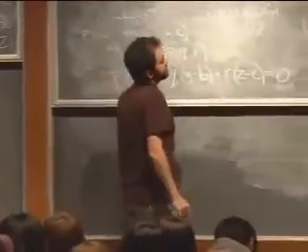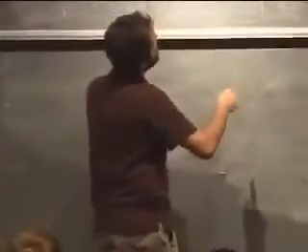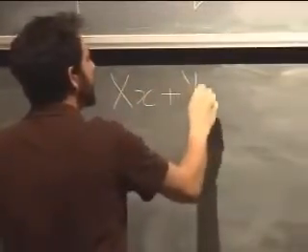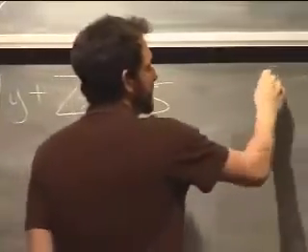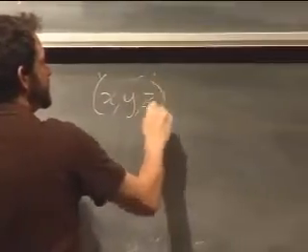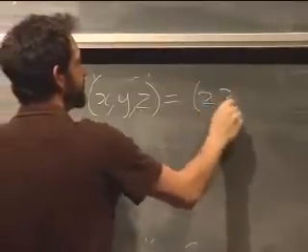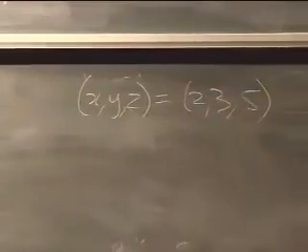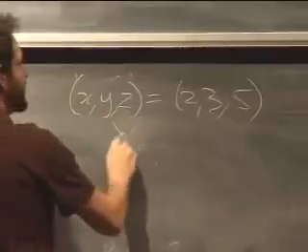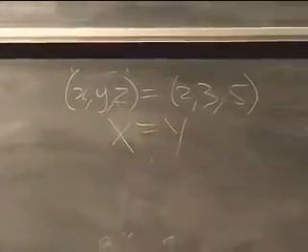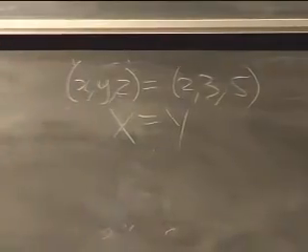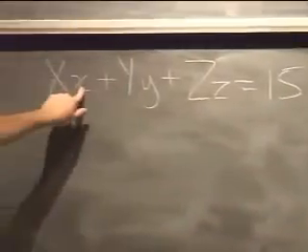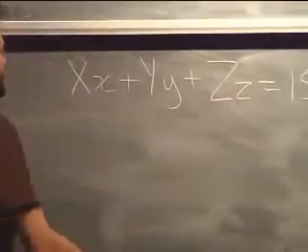So we come back to our equation of the plane, which we saw was Xx plus Yy plus Zz equals 15, and we need (x, y, z) equals (2, 3, 5) to satisfy this, because it's got to lie on that plane, and we also need capital X equals capital Y. When we put (2, 3, 5) in, we've got to get a solution.